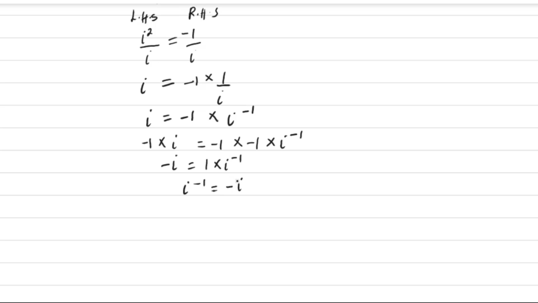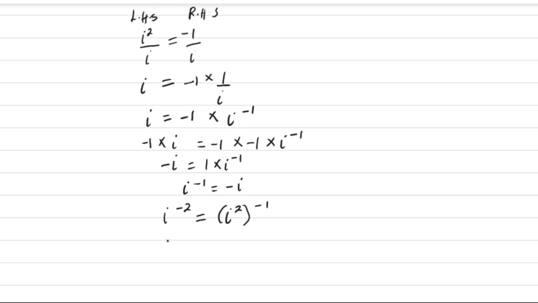Now, let's assume that we want to find an expression for i raised to power minus 2. We know that i raised to power minus 2 is the same thing as i raised to power 2, everything raised to power minus 1. When 2 multiplies minus 1, you get minus 2.